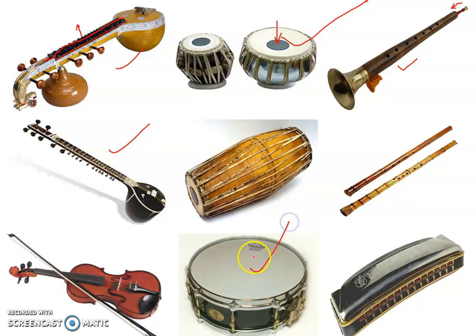This is the drum. Inside the drum there is also air. When we hit the membrane of the drum, the air vibrates, right? Here is a flute. Inside this tube also there is air. When we blow, the air column vibrates and produces the sound, right?